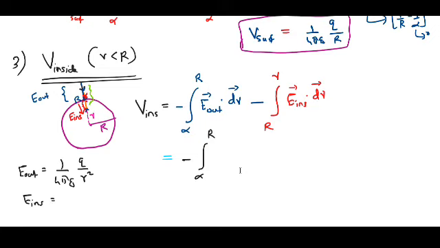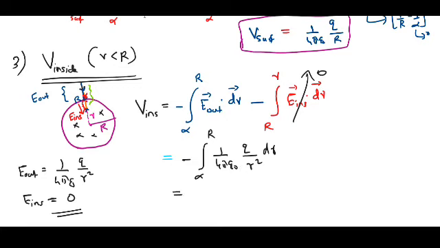Inside the spherical shell, anywhere inside, we already derived that there is no charge enclosed by the Gaussian surface inside the spherical shell. Therefore, this will be equal to 0, which means this term goes to 0. Then what we are left with is minus the integral from infinity to R of 1 by 4 pi epsilon 0 q by R square dr.